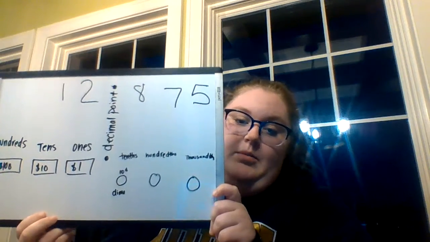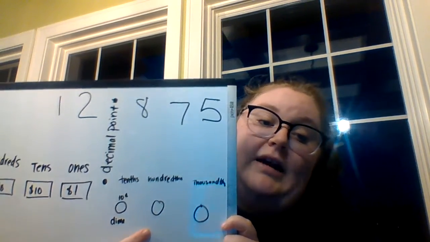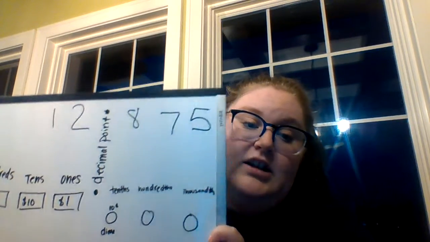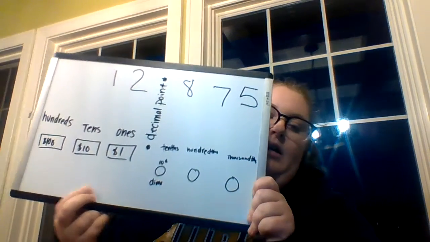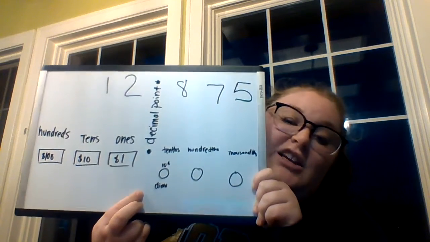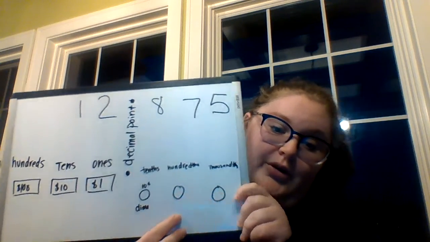Hundredths. Remember, you hear that TH, hundredths. It's always to the right. If I have hundreds, it's going to be to the left of my decimal place. So how many places to the right of the decimal point is the hundredth place? So let's look at it. Here's my decimal point. How many to the right is it? 1, 2.